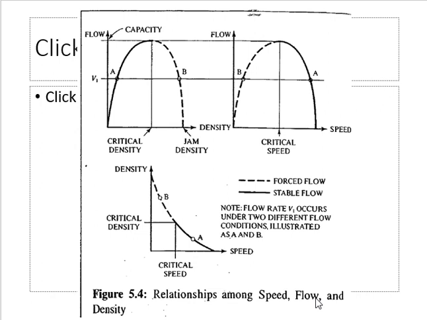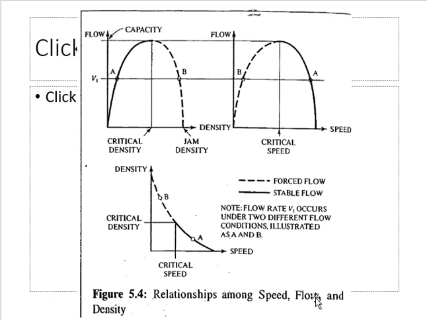Second one between flow and speed. So what happens to flow when speed changes? And the third one between density and speed. So what happens to density when speed changes? So you can see the effect of one on the other.